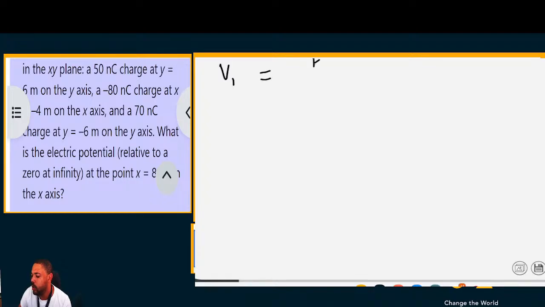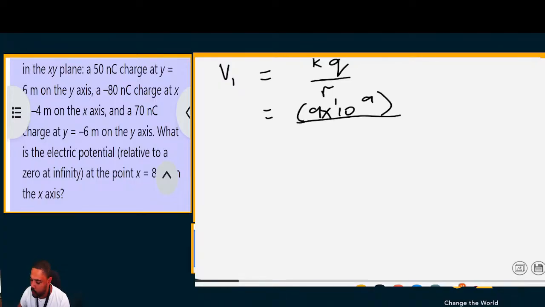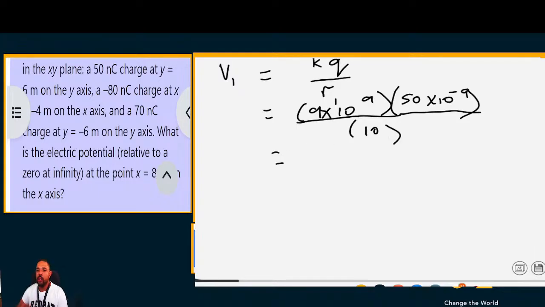V1 is equal to KQ over R1, and we've already determined that R1 is equal to 10 meters. So this is 9 times 10 to the 9. I'm fond of using 9 times 10 to the 9 instead of 8.99, I always just round up. And the charge is 50 nanocoulomb, so 50 times 10 to the negative 9. And the distance, of course, we calculated to be 10 meters. I usually don't write the units in while I'm writing the sum down, but you need to do that.